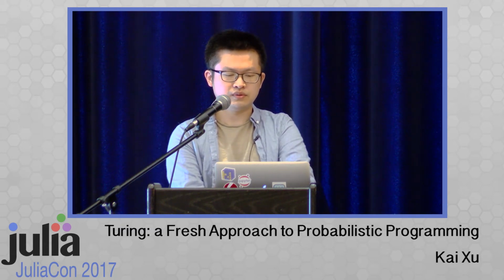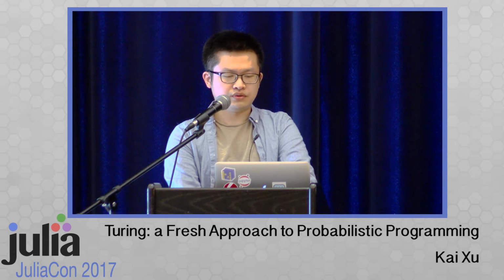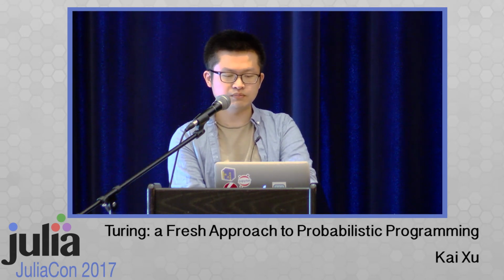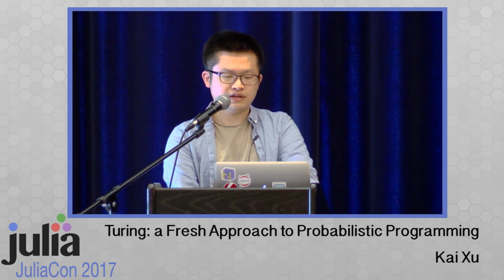This is the model in mathematical expression, and this is how it's written in Turing. I'm going to define this model, and when the model is defined, you can specify the sampling algorithm you want and do the inference by this line of code.